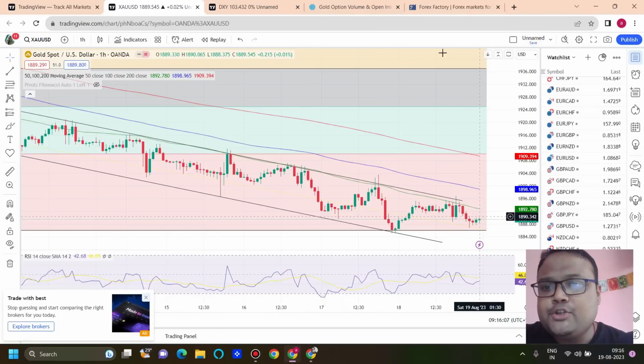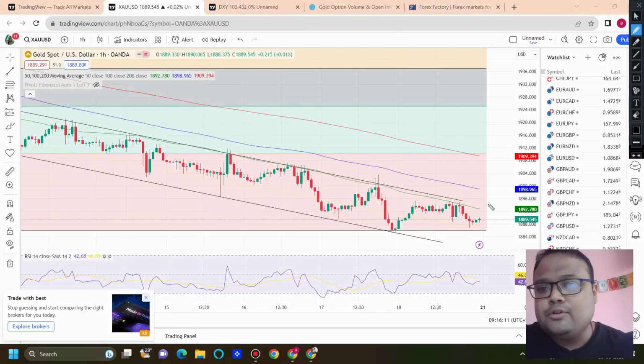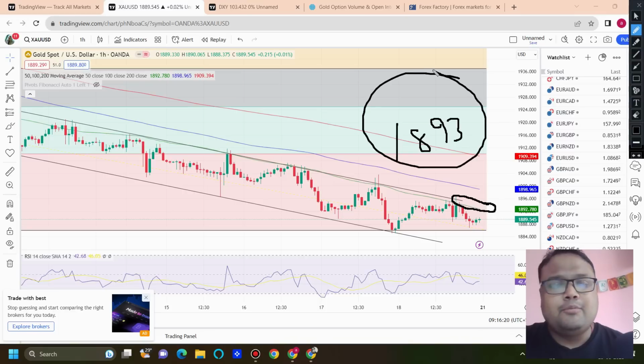So if the market shows upside, just like the previous times, do not take a sell position at the 50 moving average around 1893-94. Do not take any more sell positions, because there is a high chance that this time the market will be going up. The market will try to break the trend line here. The market will try to break the 50 moving average here.